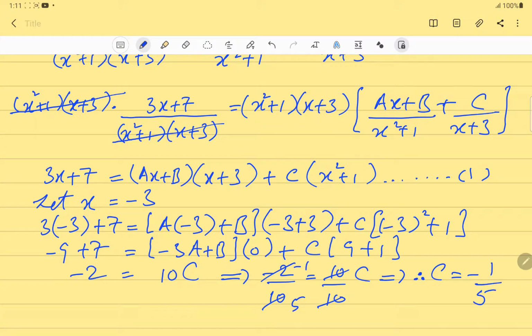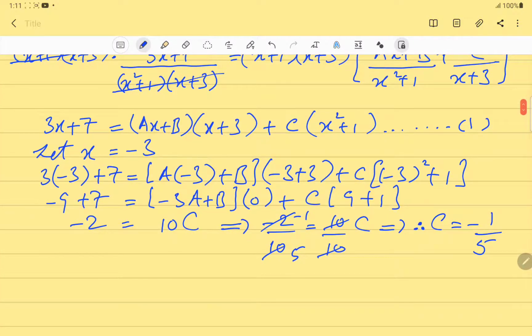Okay, now we have no value for the x that we can assume in the equation to find the value of the remaining two constants, which are a and b. So in this case we will solve the equation and we will compare the coefficients of x square, x, and the term without x on both sides to form equations, and then find out the values of a and b with the help of those equations.